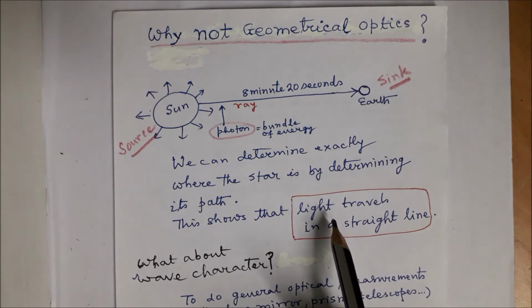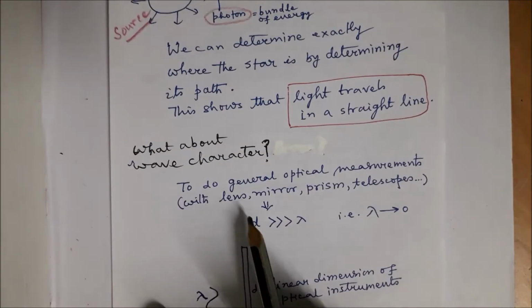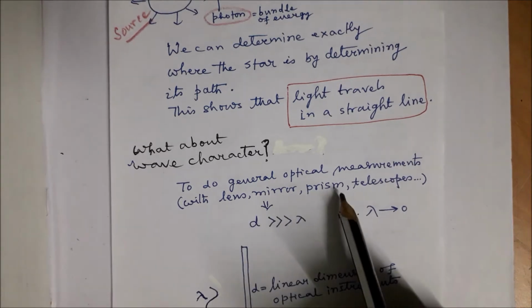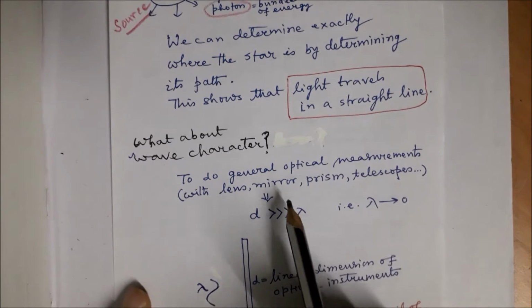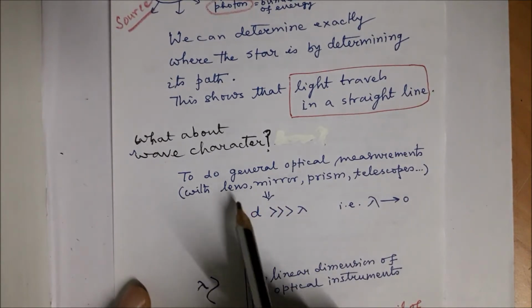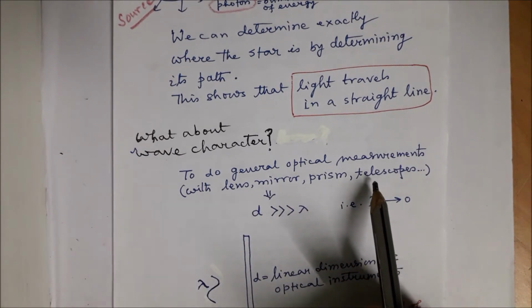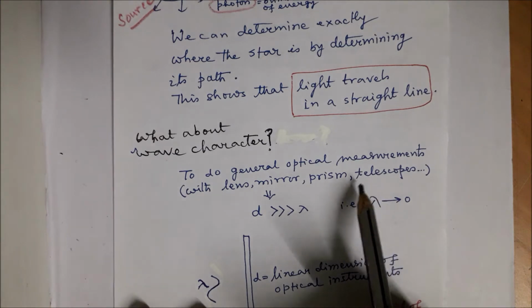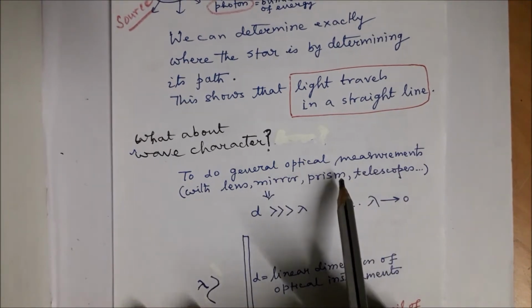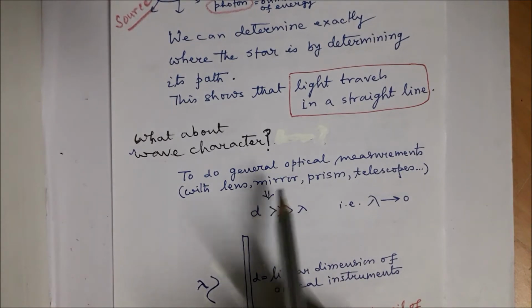Now let us ask the question, what about the wave character? In the laboratory, we do optical measurements, and to do various experiments, we use certain apparatuses in the form of lens, mirror, prism, telescope, and so on and so forth. Now in all these cases, two dimensions or two lengths come into the picture.